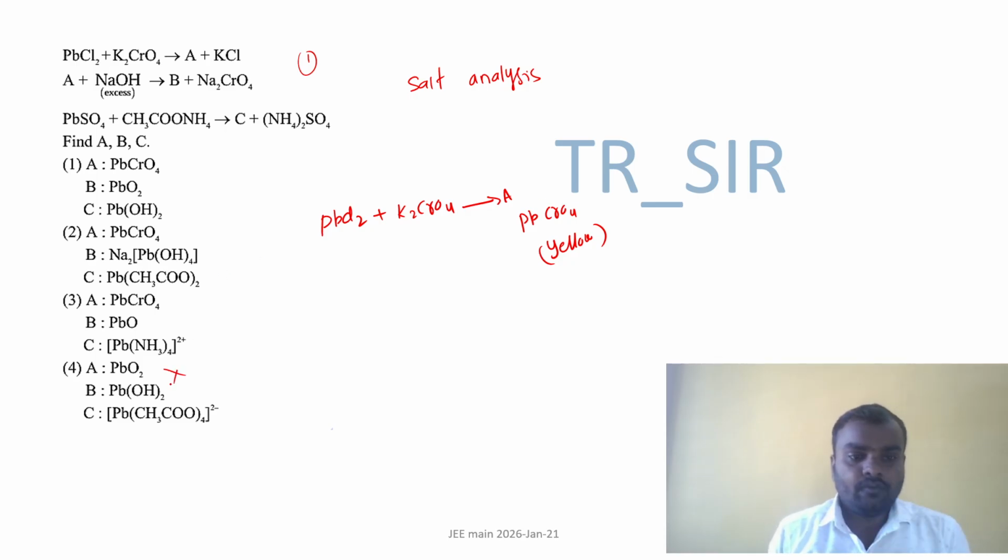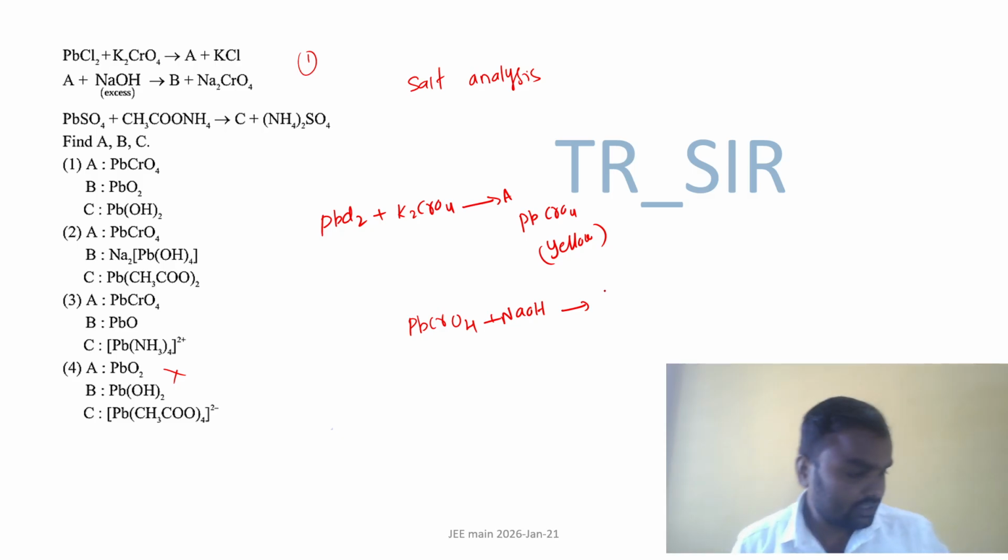That means the fourth option will not come, right? So you can have the first, second, or third option. Then A is treated with excess sodium hydroxide. So a tetrahydroxy complex will form.